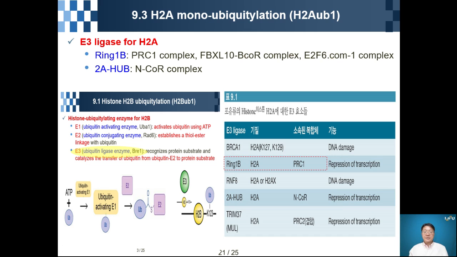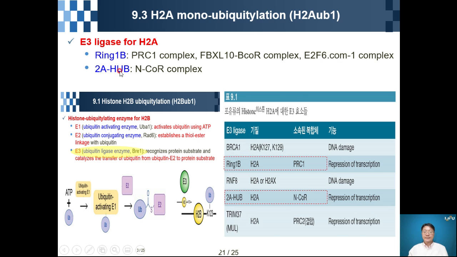Another E3 ligase for H2A is 2A-HUB. Its substrate is also H2A. The N-CoR complex also belongs to 2A-HUB.